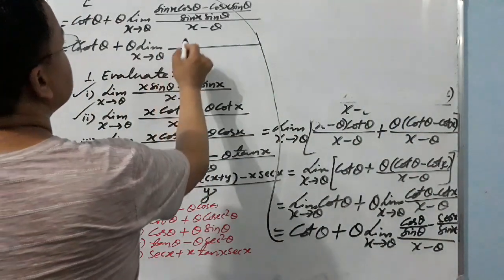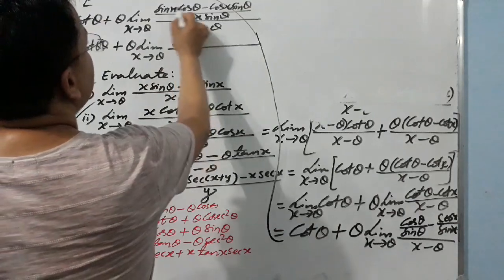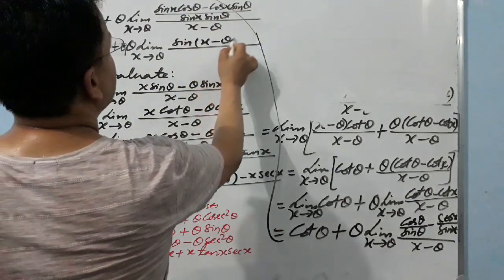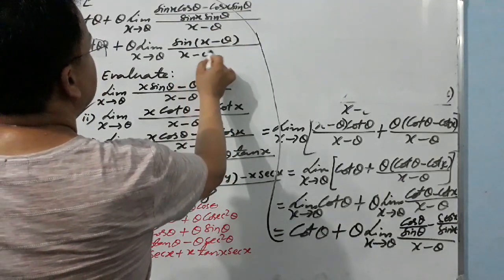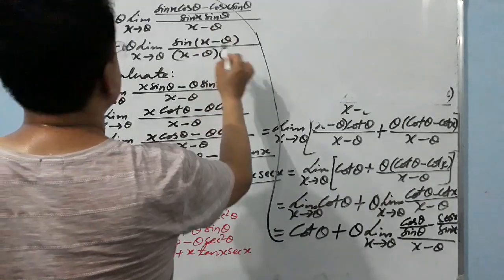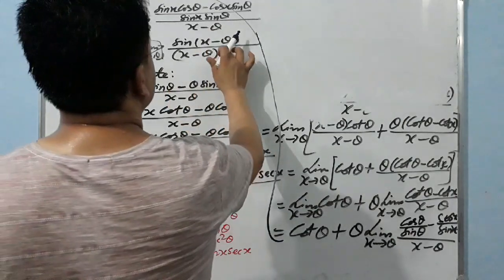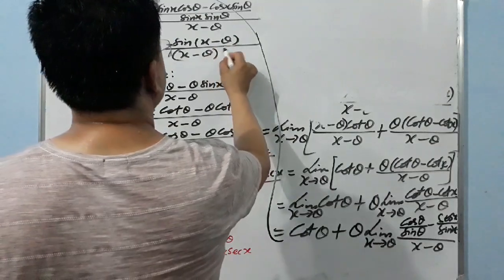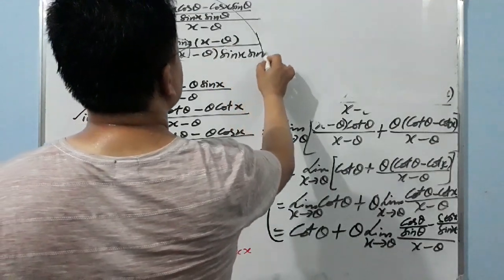Or limit as x tends to theta, here you will get, this is in formula, sin of (x minus theta) over (x minus theta), and this will come down here sin x sin theta.